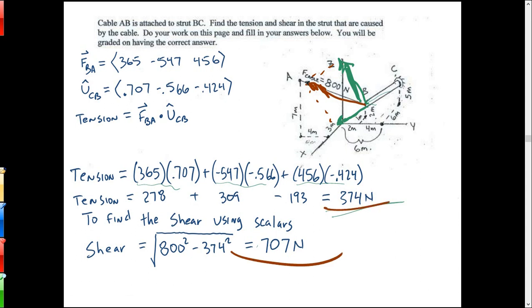So if I apply that force to that strut, I've got a tension in the strut of 374, and I've got a shear of 707.